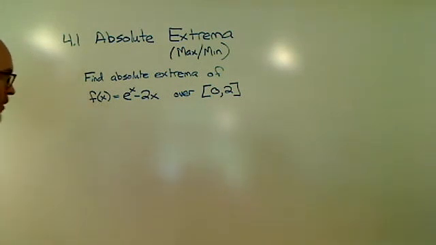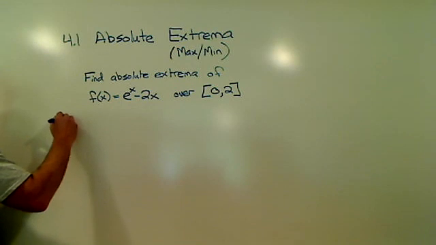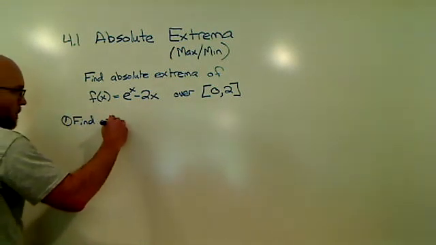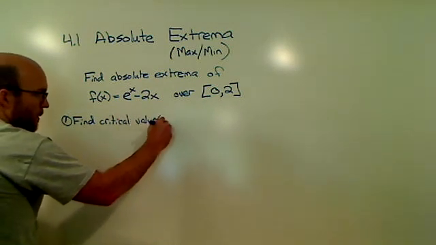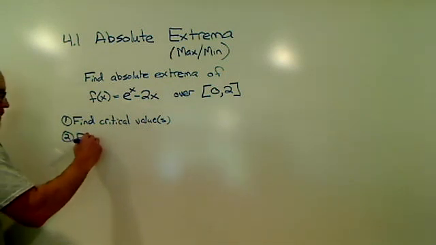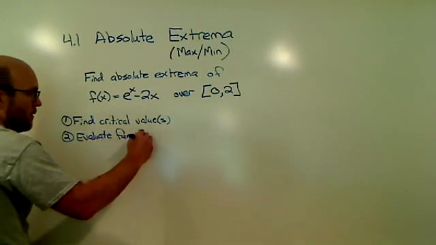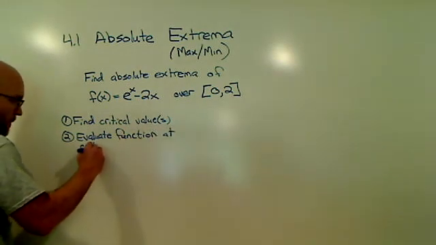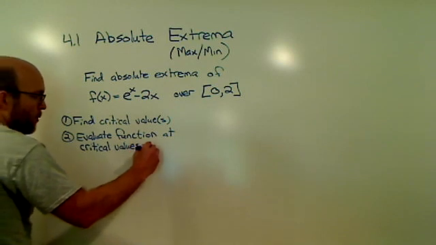And so our goal here is, once again, two main steps. We're going to find the critical values, and then all we're doing after that is evaluating at the critical values and the endpoints.